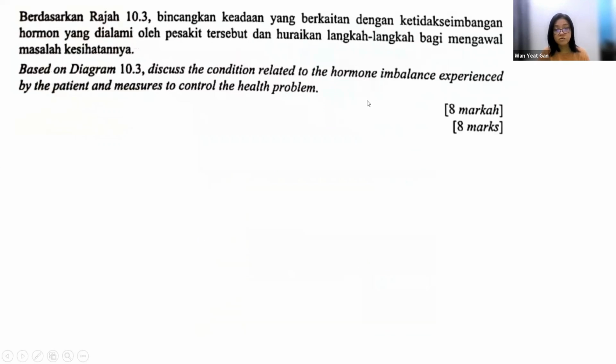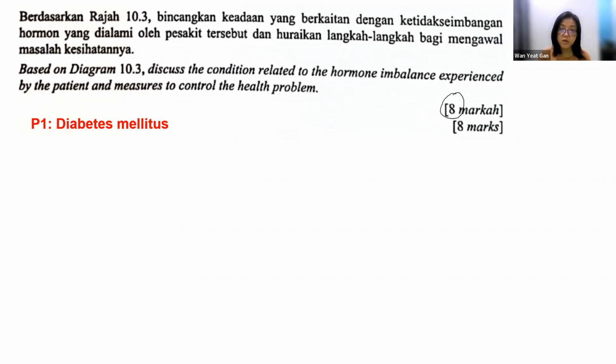You are to discuss the condition related to the hormone imbalance experienced by this patient and the measures, what kind of steps he can take to control his health problem. This question carries 8 marks. First, identify the type of disease the patient is suffering from.